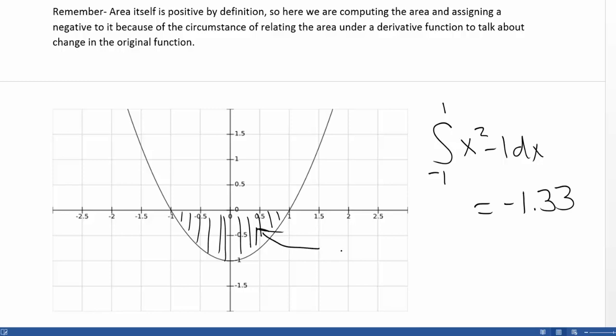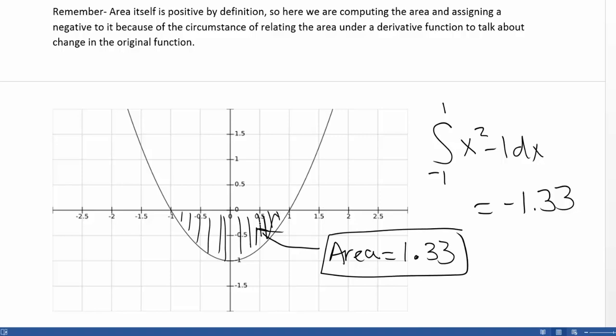However, the actual area itself, in its mathematical definition, would be 1.33 because area talks about how much space was taken up by this shape. So the area is 1.33, but the integral is negative because the integral assigns meaning to that number, and that meaning has context that depends on whether our function was above or below the x-axis. Now I want to remind you about our relationship between the derivative and the original function.